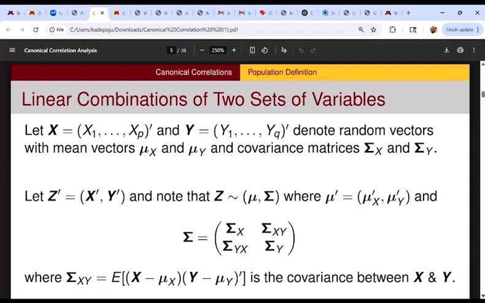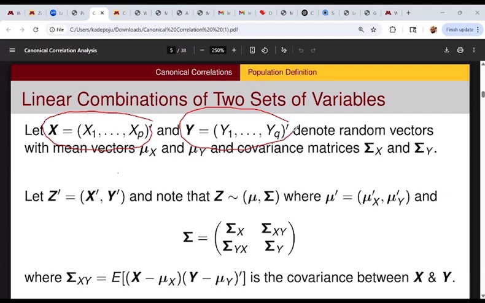Now, what we want to do right now is go mathematical. I want you to see, like I said, two sets of variables are going to be involved. This is going to be the first set of variables X. This is going to be the set of variables Y. Let me tell you this, there are so many examples that we can cite.